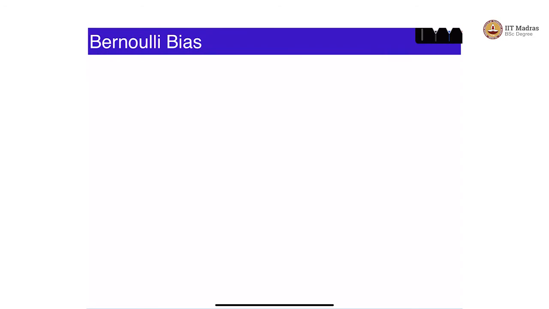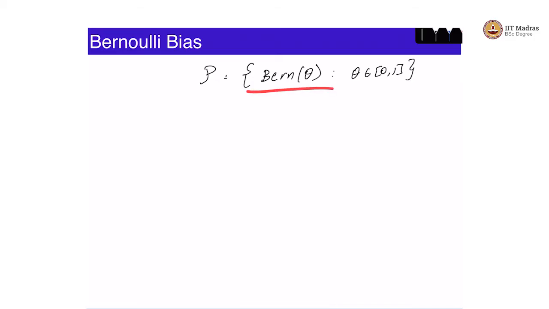Let's take the simplest example, which is the case of Bernoulli bias. In this case, the family of distributions P is simply Bernoulli with bias theta, where theta is in the range of 0 to 1. That's your family of distributions, this Bernoulli theta.